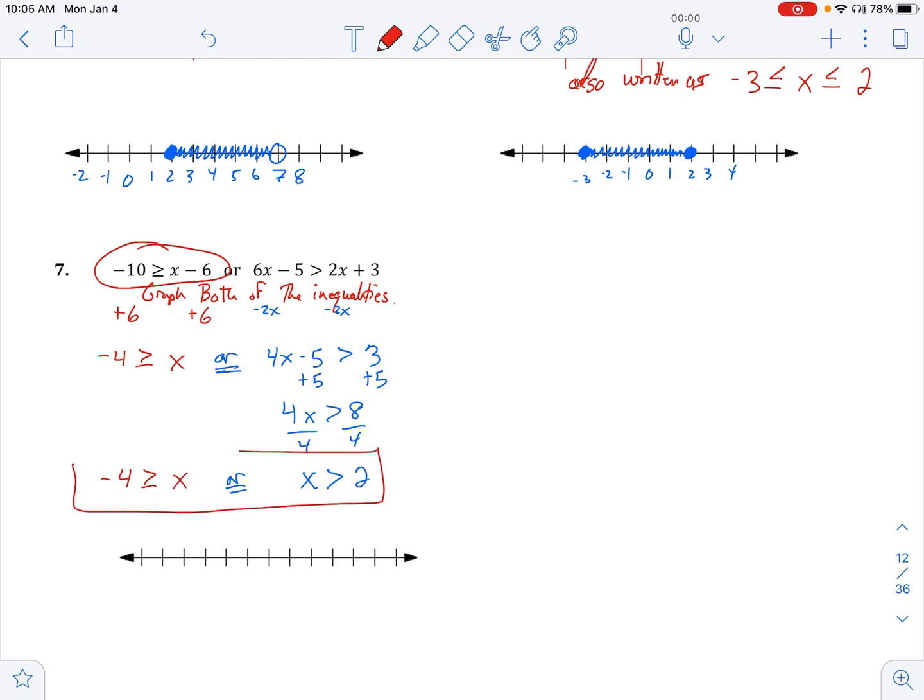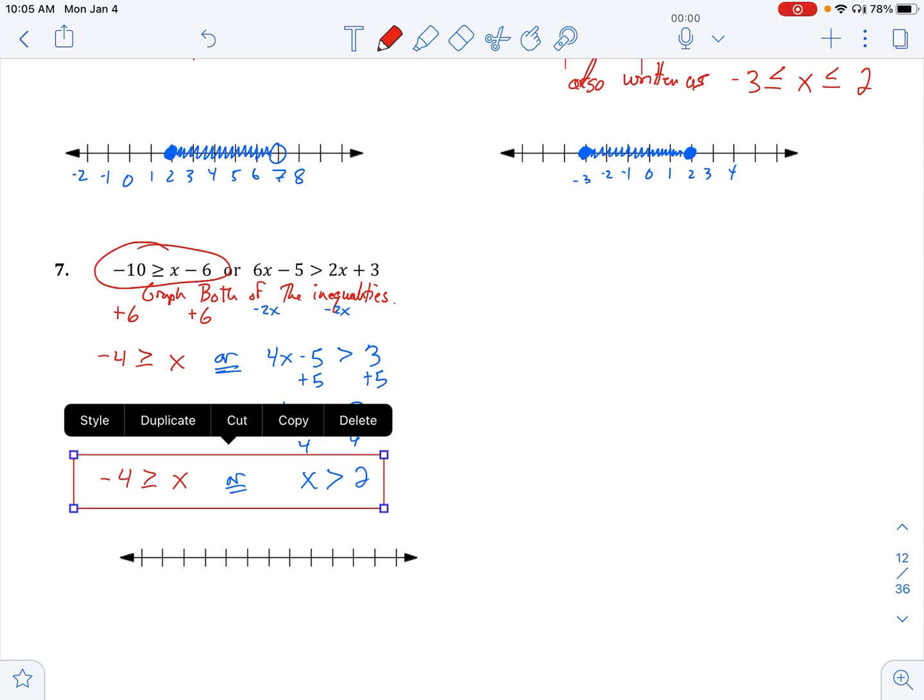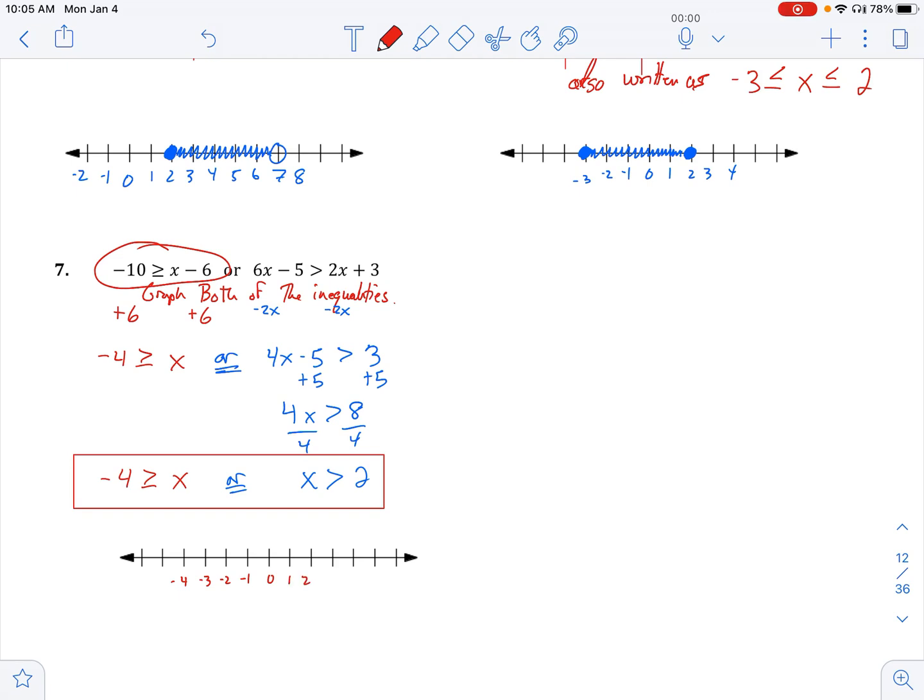And again, like I had listed above, we are going to need to graph both these solutions. So I'm going to set up my number line here. I'm going to graph the red one first. This says negative 4 is greater than or equal to x. Here's negative 4. If negative 4 is the larger of those, then the values that satisfy this are those that are to the left.